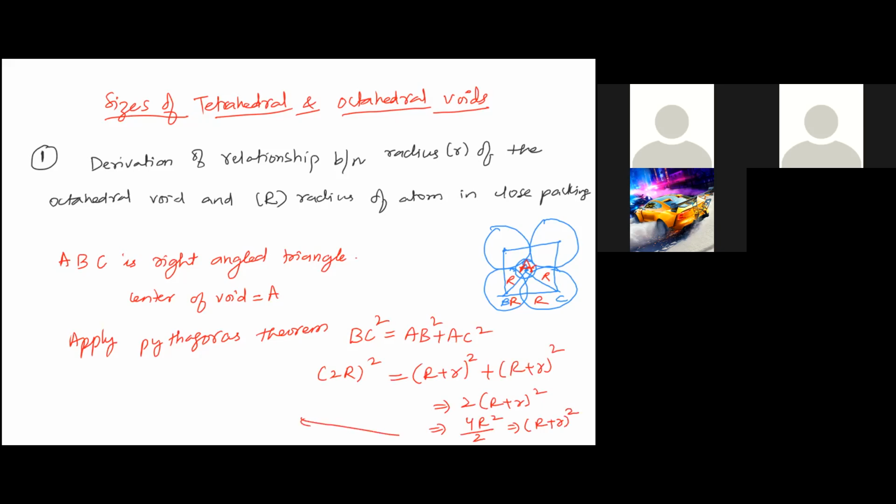Root 2 R is equal to R plus r. So r is equal to root 2 R minus R. Root 2 means 1.414. So 1.414R minus 1R. So your r is equal to 0.414R.